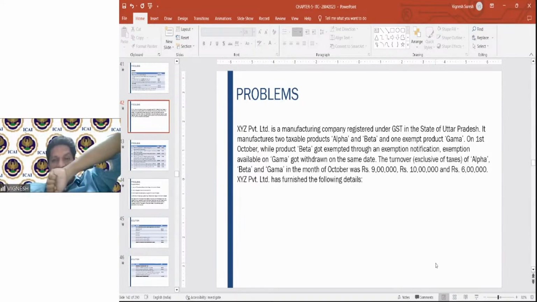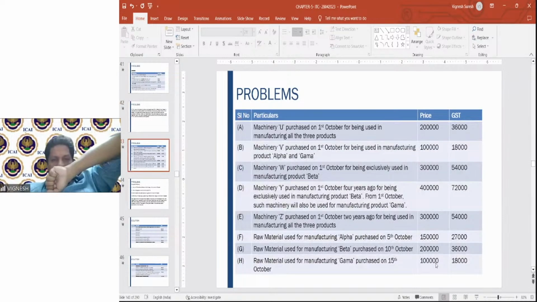So machinery U is being used for manufacturing all the 3 products. So therefore, if it is used for manufacturing all the 3 products, that means the ITC, which is used for both the taxable and exempt supplies, will be credited to the electronic credit ledger.